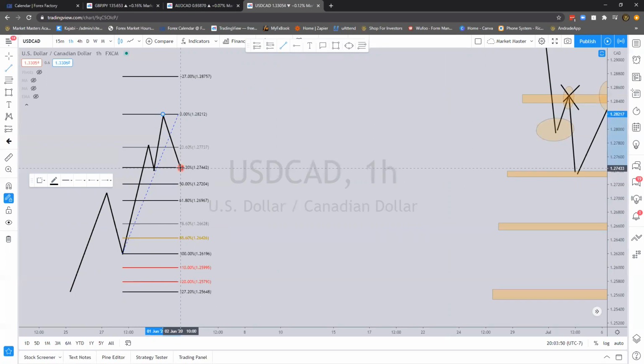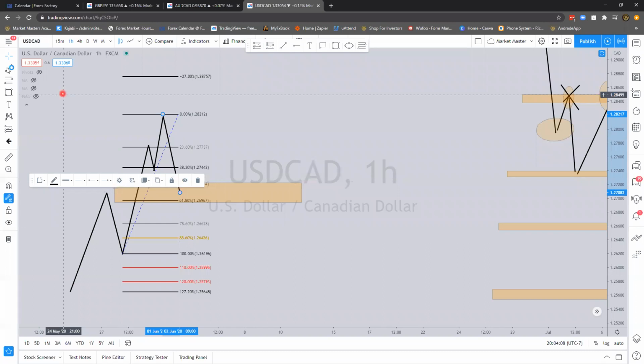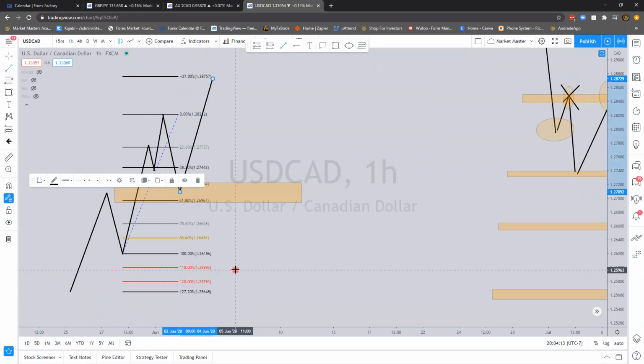Then this area here is considered a lower high, once we notice the reversal. So as it's coming down, 50, 61.8 is going to be the area to mark off. And we're expecting price to come all the way down to around this area and continue going into the uptrend.